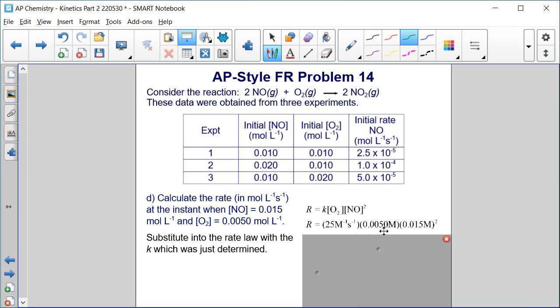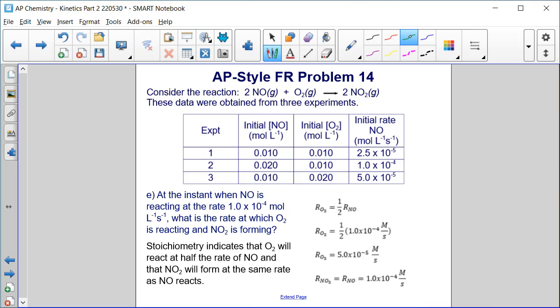O2 concentration given is 0.0050. NO concentration given is 0.015. Don't forget to square it. Plug in those values. You get a rate equal to 2.81 times 10 to the minus 5 molarity per second.